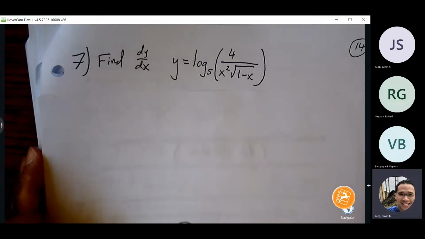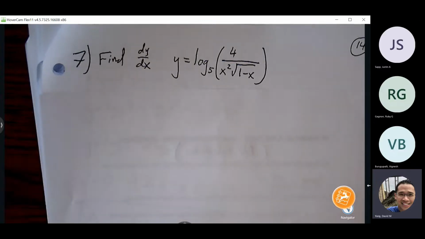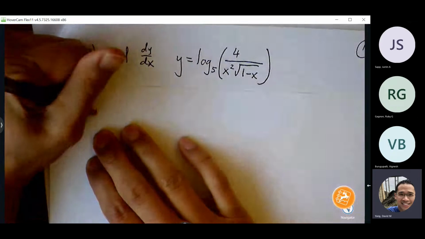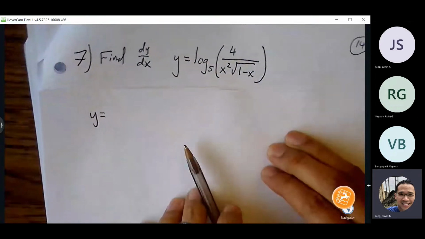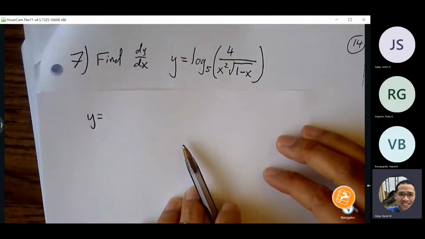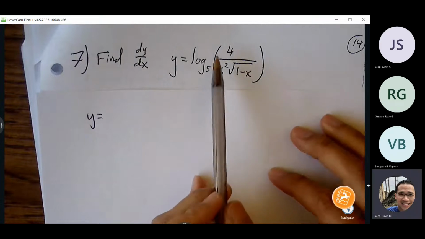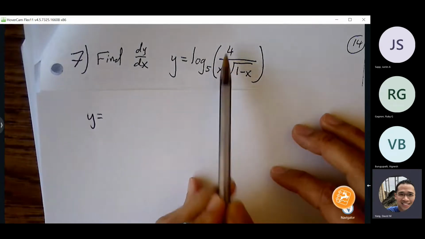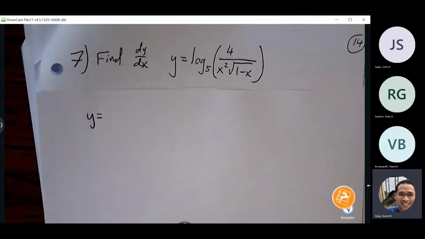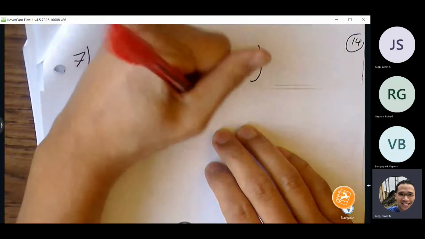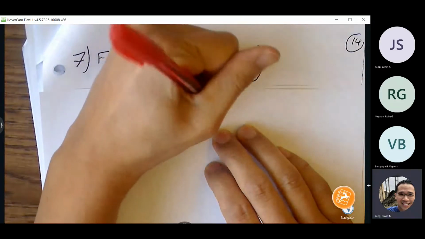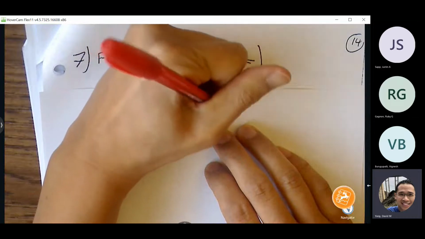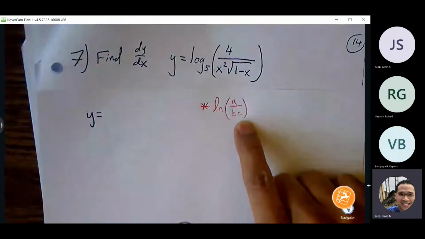Okay, so what can we do first here? You do minus log 5 of 4, minus log 5. So think of these as three terms here. Okay, let me give you an example. If I have natural log of A over BC, how would you expand that?